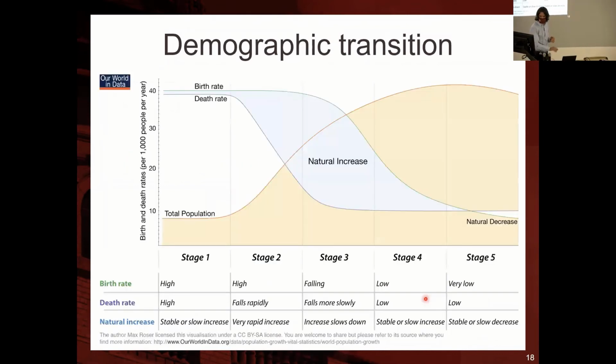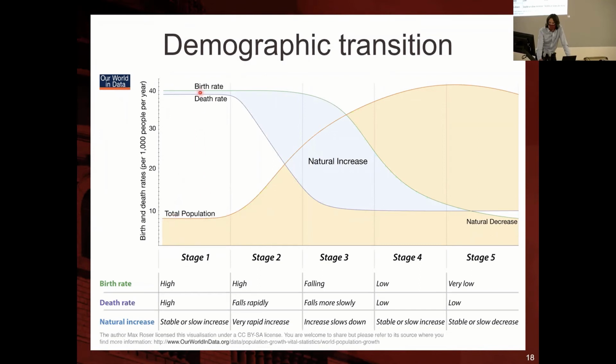And this graph here that I got from this website, Our World in Data, this is the same website that I got data about the coronavirus pandemic from at the beginning of our course. What I like about it is that it adds the trend of population size.